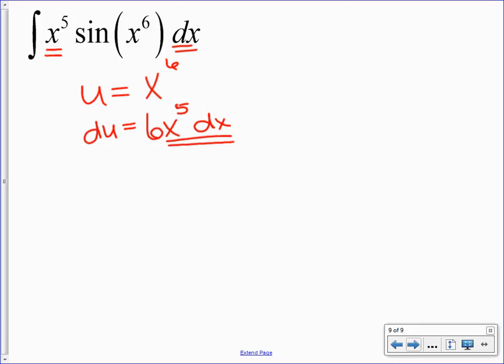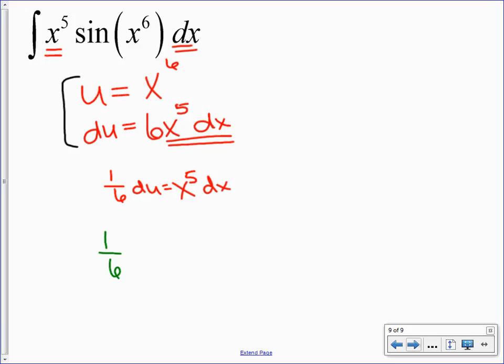So if we want to do the substitution, we're going to have to divide it over. It is not necessary to write this step. I am fine if you do that in your head. However, I do not want you to do the u equals and the du equals in your head. If you're doing a substitution problem, I at least want to see this up here. Some of you may need to write this down though, and that is fine.